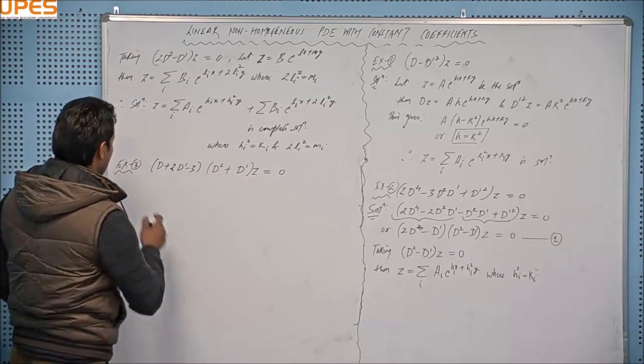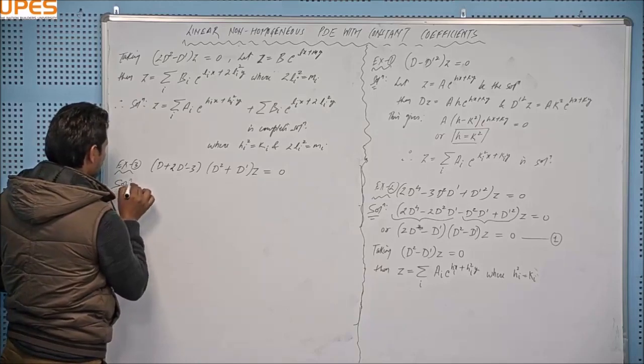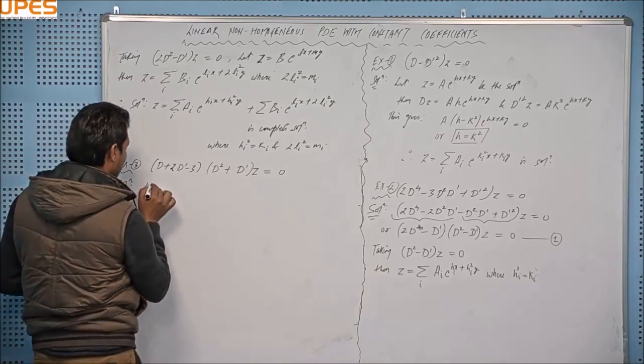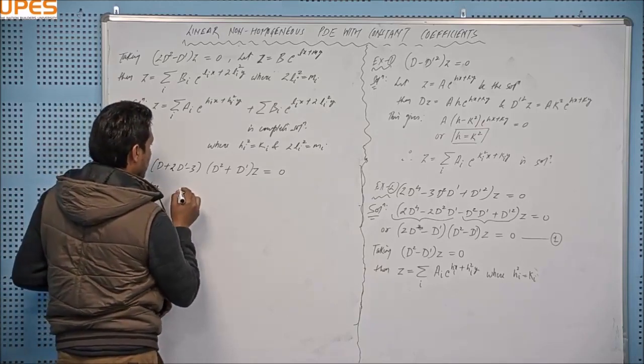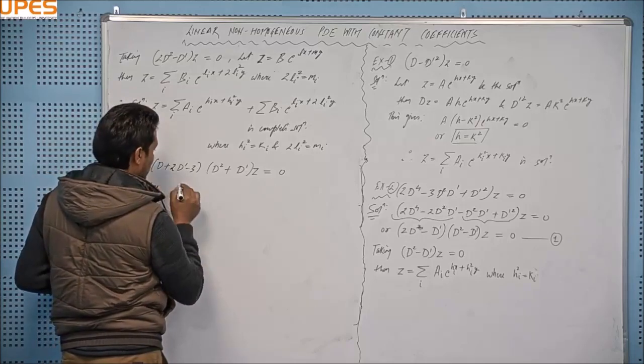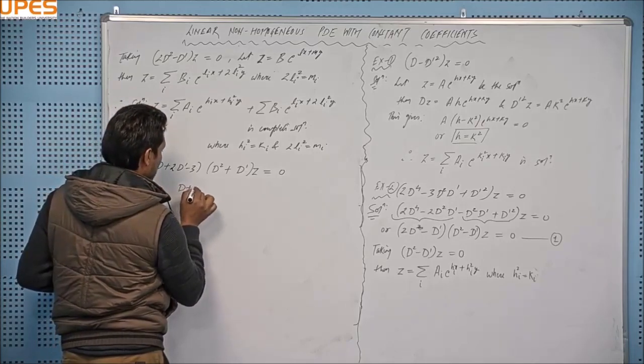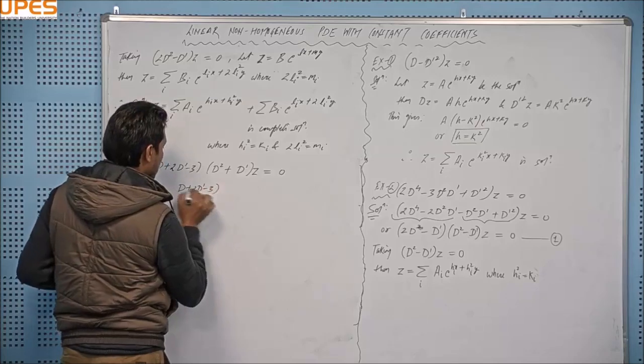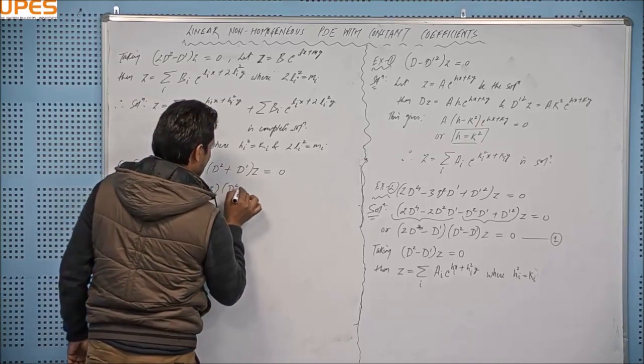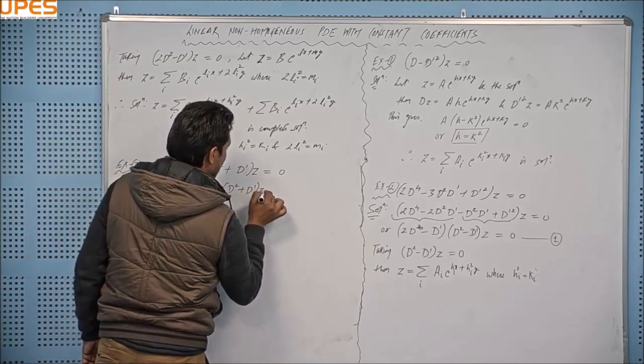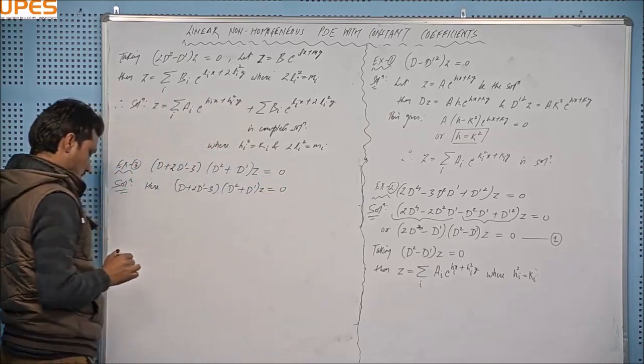Solution. Here, D plus 2D dash minus 3 times D square plus D dash z is equal to 0. This is our equation.